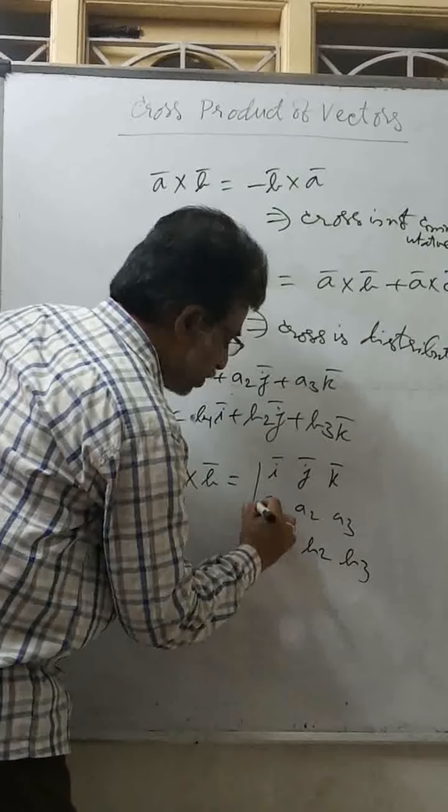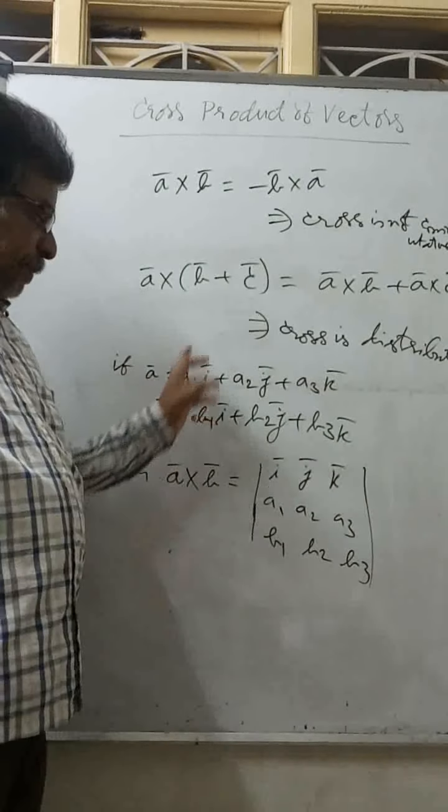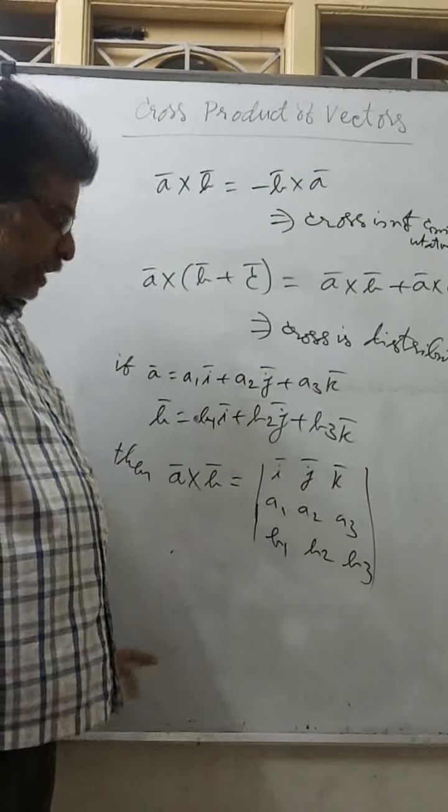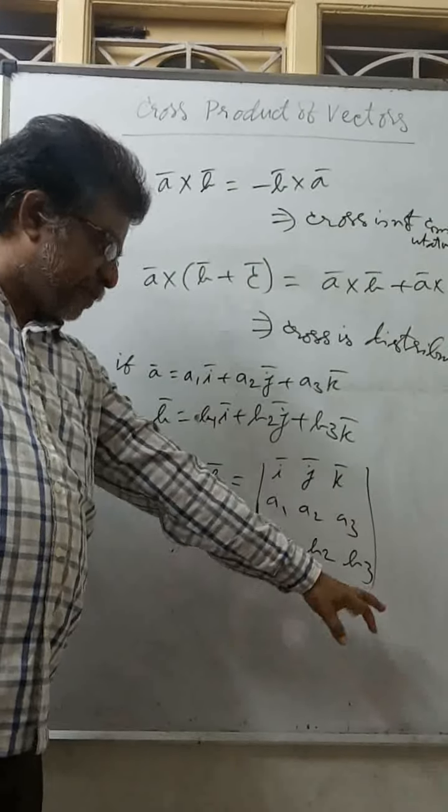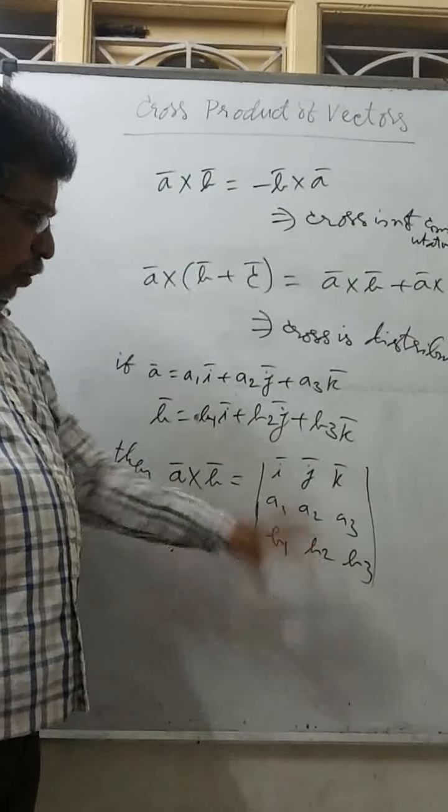Instead of finding the cross product separately using the distributive property, you can directly find the cross product using the determinant, which you already know.